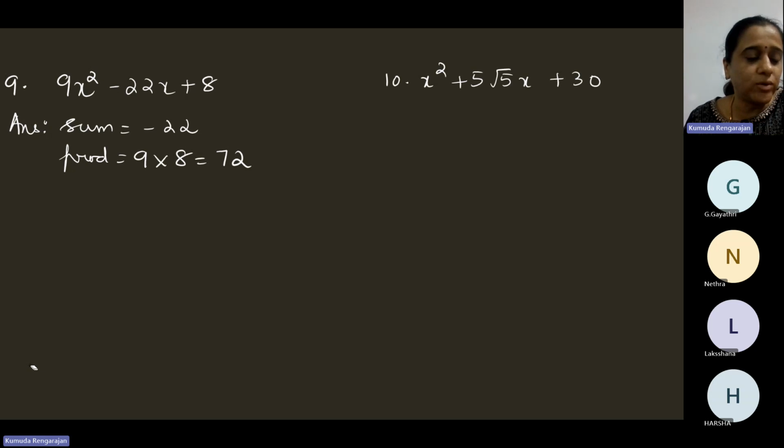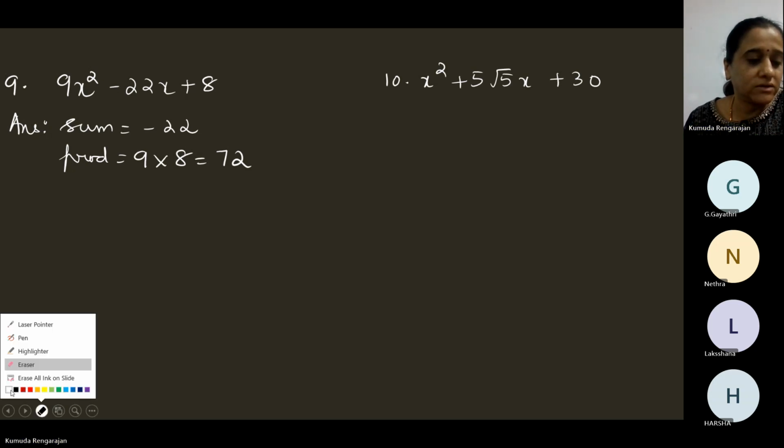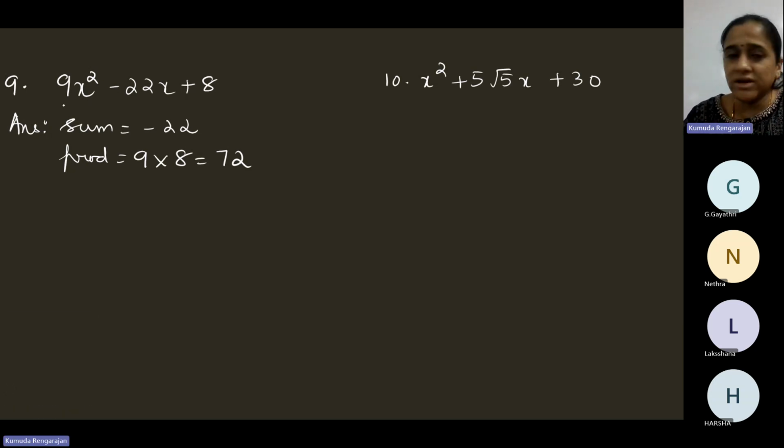The coefficient of x squared is 9. The coefficient of x is minus 22. And the constant is plus 8. We are making use of all these numbers. The coefficient of x is called the sum, minus 22. And the remaining two numbers, 9 and plus 8, their product, 9 into 8, 72, is the product.